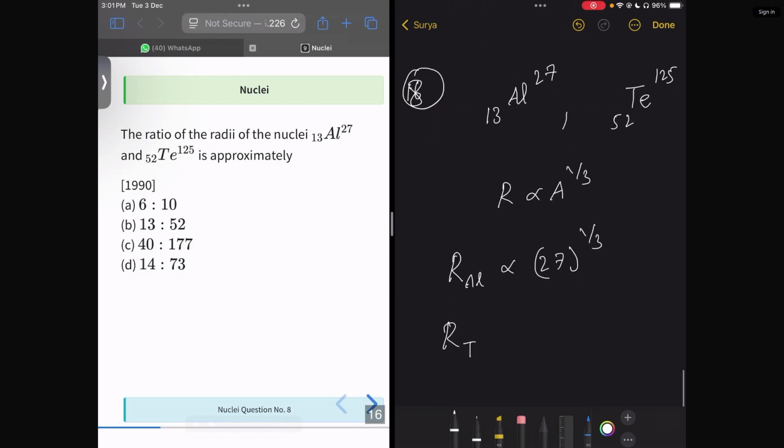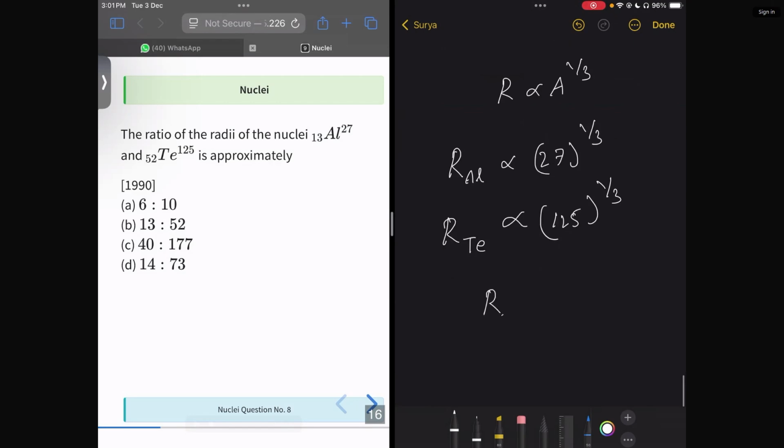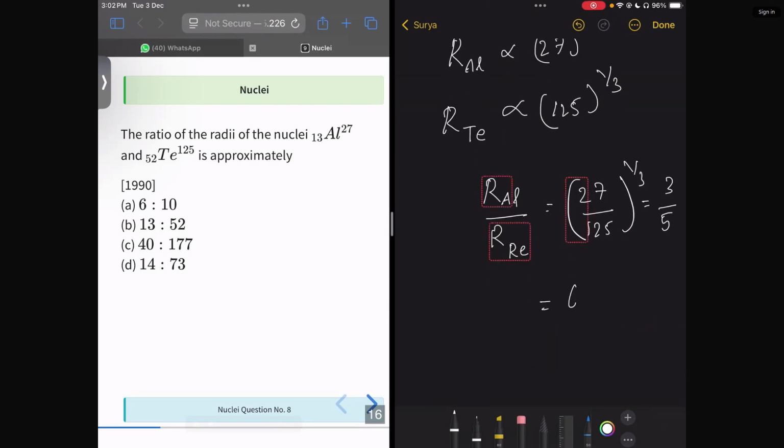Radius of tellurium is proportional to 125 whole power 1 by 3. So if you divide the radius of aluminium by that of the other atom, it is 27 divided by 125 whole power 1 by 3. So it will be 3 divided by 5. So here there is no 3 by 5, don't worry, it is just 6 by 10. Both are multiplied by the same number, numerator and denominator with 2, then it will be 6. 6 by 10 is nothing but 3 by 5. So option A is the right answer.